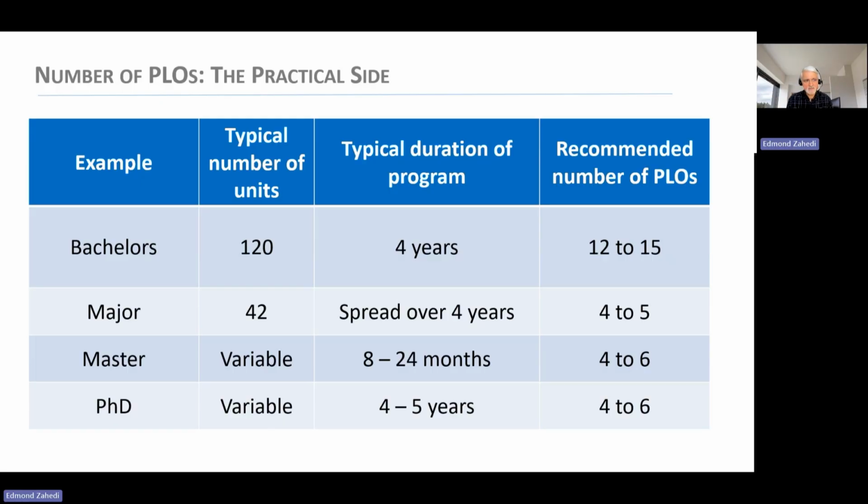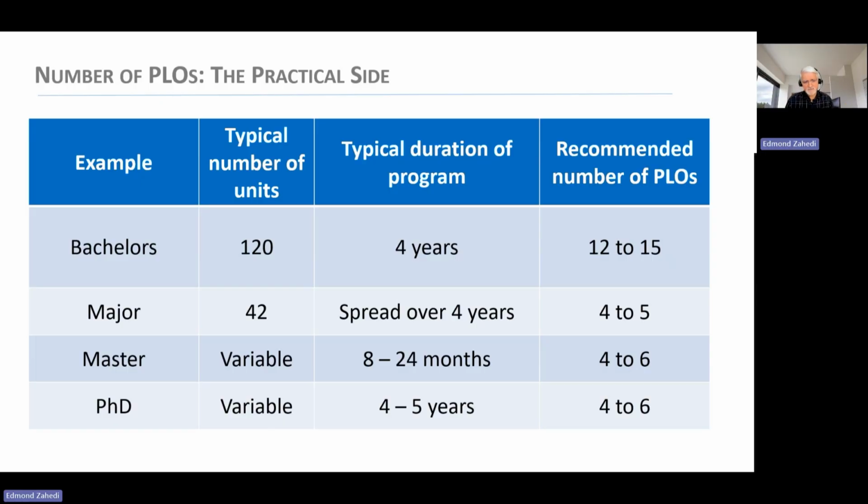Now, I have undergraduate programs that are very happy with 10 PLOs. Fair enough. I have undergraduate programs that say I need 16 PLOs. Fair enough, as long as you are sure that this is achievable. Can you cover all of that? Do you have the resources? And it's specific, it's measurable, everything is respected.